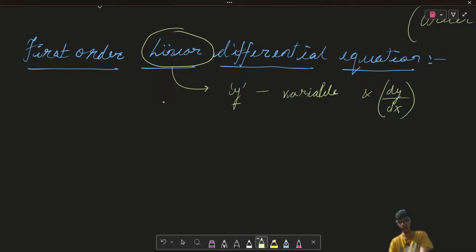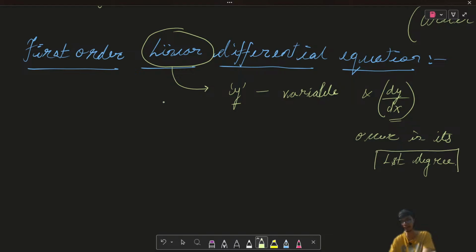So both y as well as dy by dx occur in their first degree. If both the unknown variable and its derivative occur in the first degree, then only such differential equations are known as linear differential equations, right?